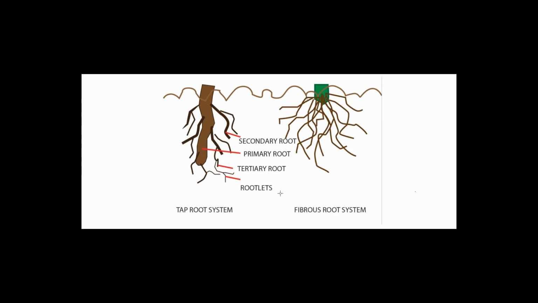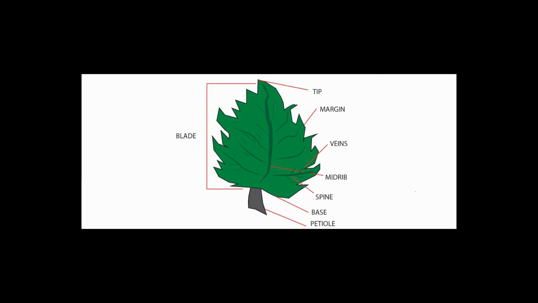Next, we will proceed to the structure of the leaf. This is the general structure of the leaf. This portion is termed the leaf blade.